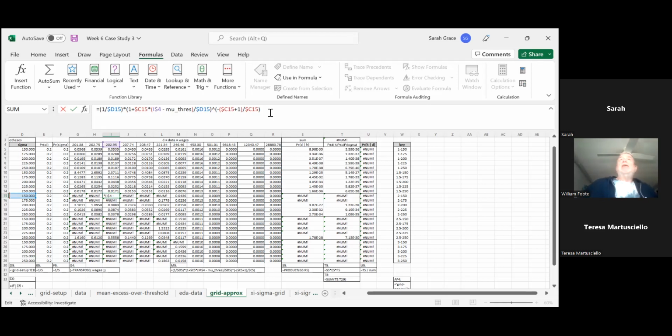If it's greater than that number, then make this zero. Okay, that's what's going to happen. Now you see, I believe you do have observations which are greater than 300, don't you?